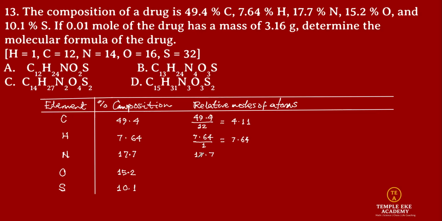On dividing by the relative atomic mass, which is 14, we have, to 2 decimal places, 1.26. Next is oxygen. The percent composition of oxygen is 15.2, and dividing by the relative atomic mass of oxygen, which is 16, we have, to 2 decimal places, 0.95.